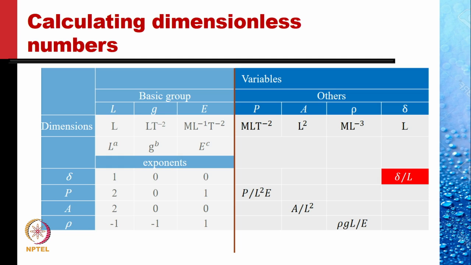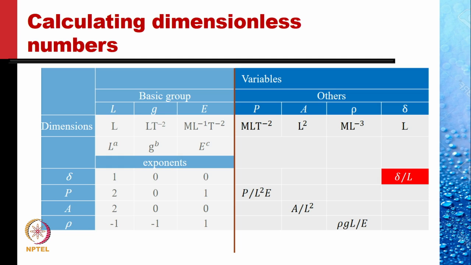Similarly, P has a dimension L square times E. So P divided by L square E is dimensionless. A has a dimension L square. So A by L square is dimensionless. Similarly, rho was shown to have the dimension L raised to minus 1, G raised to minus 1, E raised to power 1.